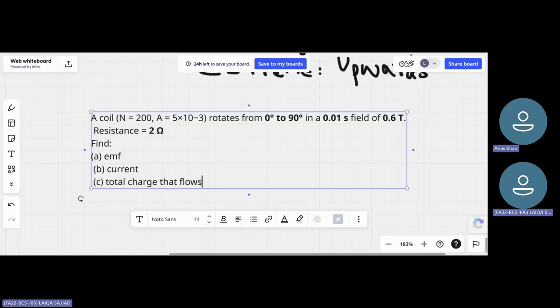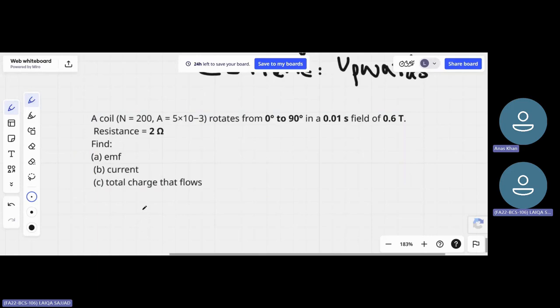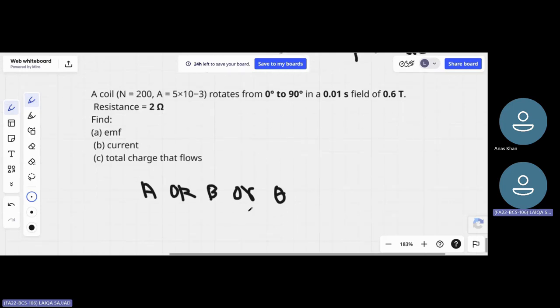How will we calculate the EMF? Is the flux changing? We know that whenever the area or the magnetic field or the angle changes, the flux changes.